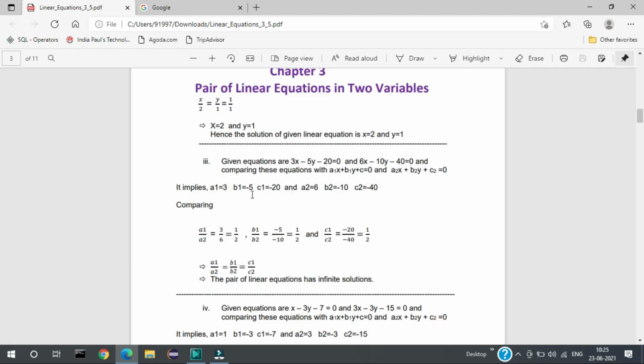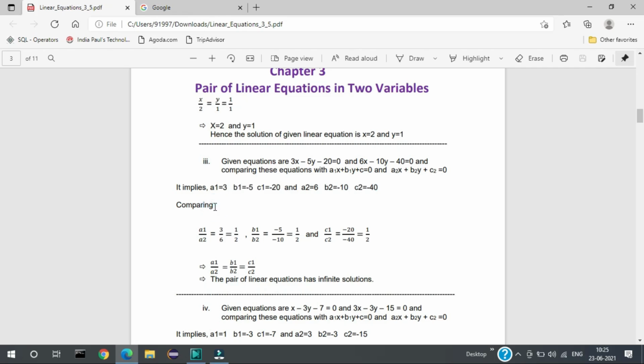It implies a1 equals to 3, b1 equals to minus 5, c1 equals to minus 20 and a2 equals to 6, b2 equals to minus 10 and c2 equals to minus 40.